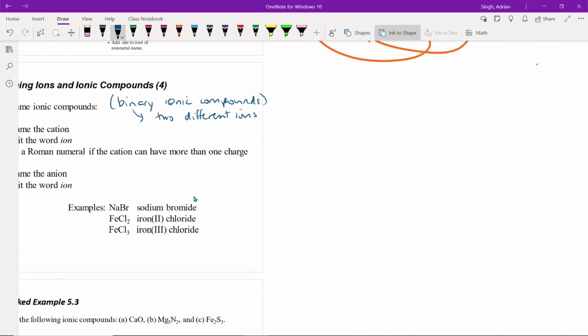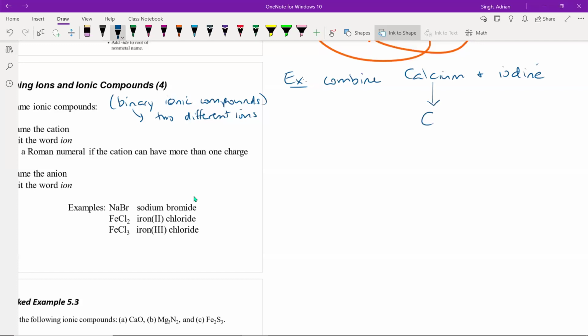So for example, we'll use a couple different ones here. Let's say I have the combination between, let's do calcium, and we will do iodine. Okay, so we can figure out the charge on the calcium ion.